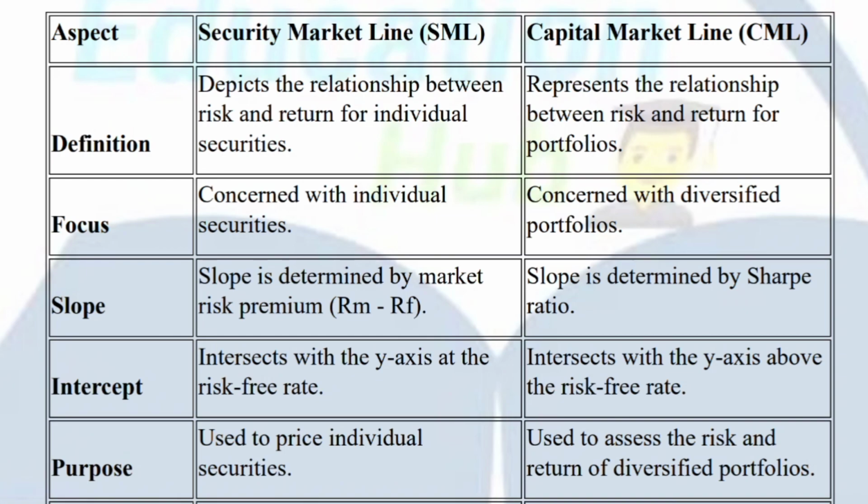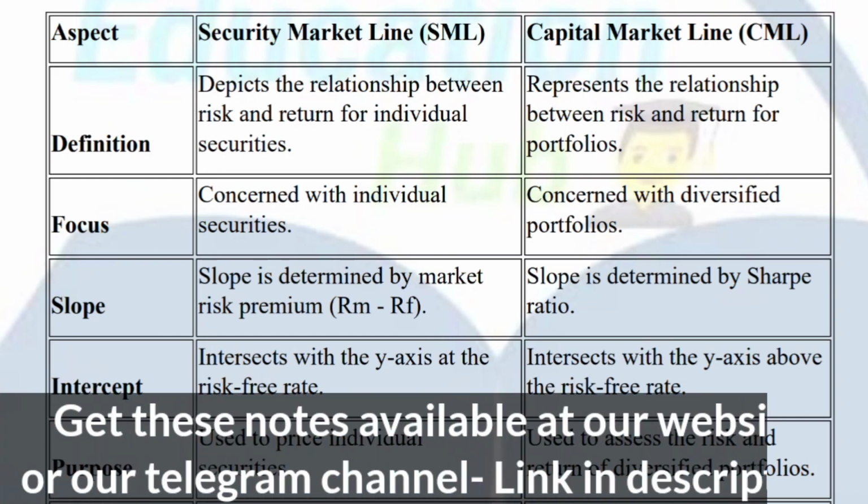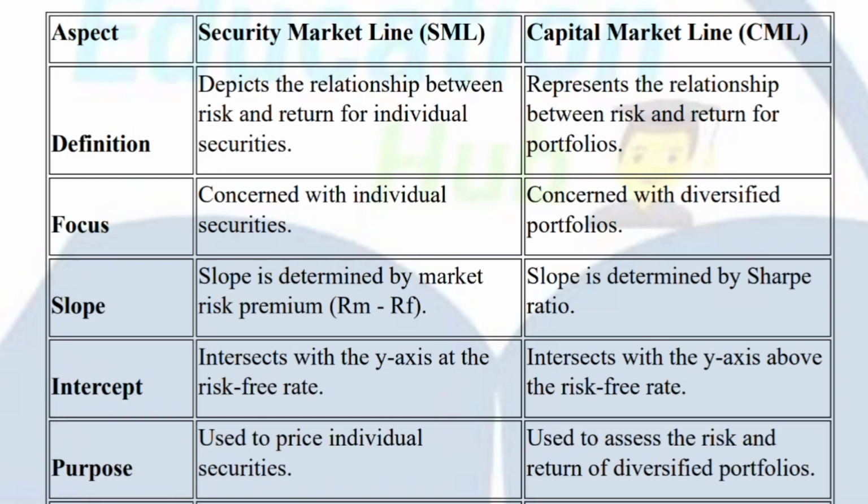So the line whose slope is determined with the help of the Sharpe ratio is known as the CML, that is the capital market line. But the line whose slope is determined by the market risk premium is the security market line. Hope you all understand that.